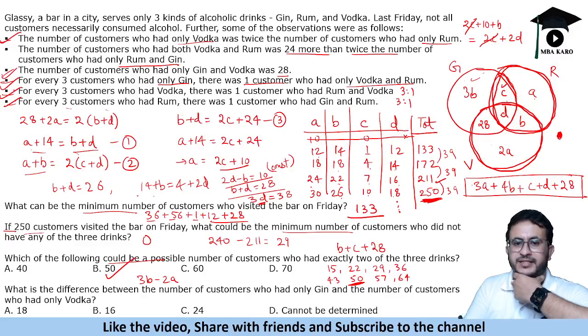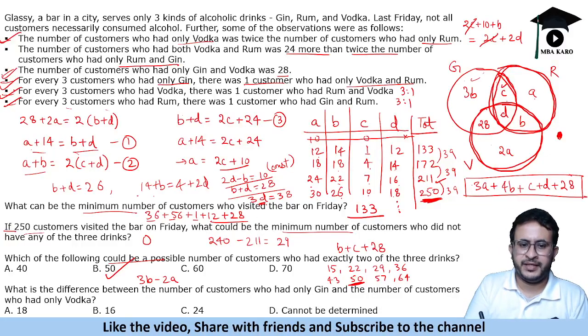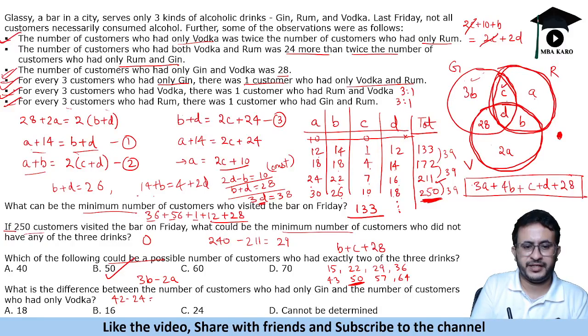But let us check the values and see if this matches for the given conditions. 3B minus 2A. So 3B, if you take the first case, 42 minus 24, we are getting 18. Second case is 3B, which is 36.